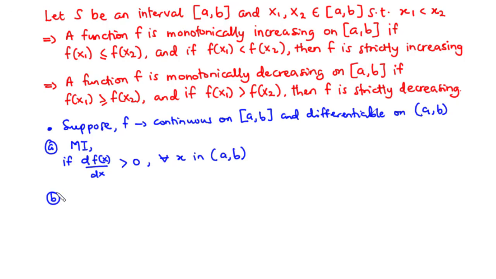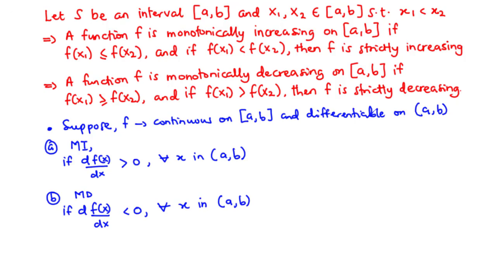B. The function is said to be monotonically decreasing if the first derivative of the function is less than 0 for all x in the open interval (a, b).